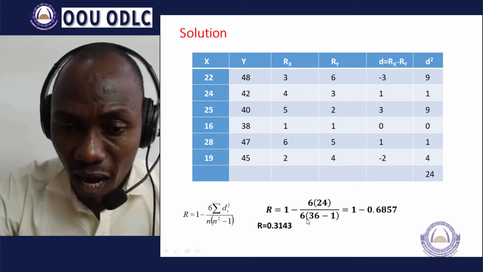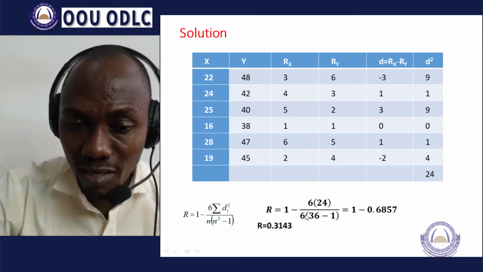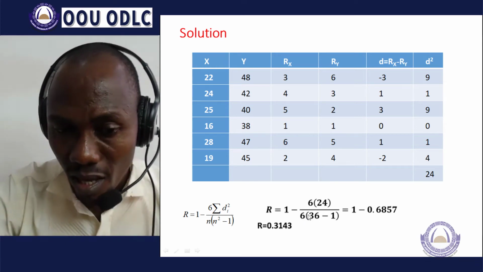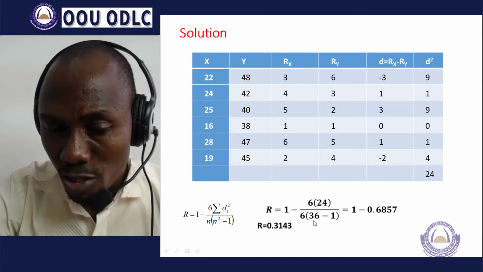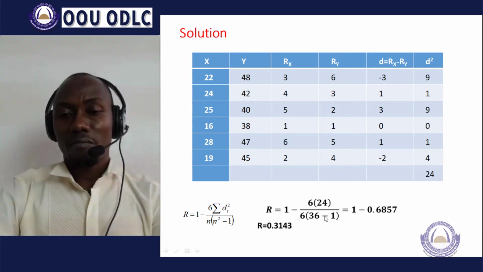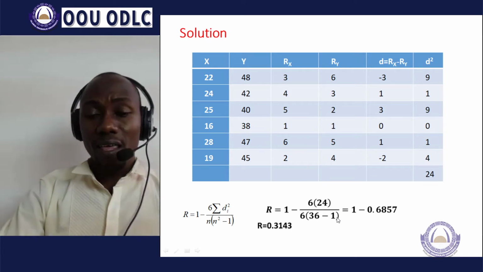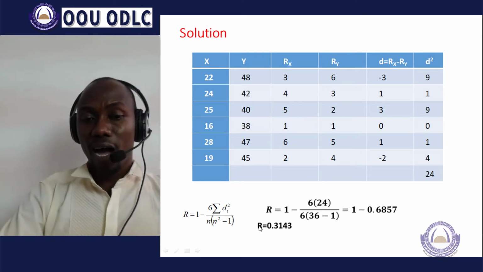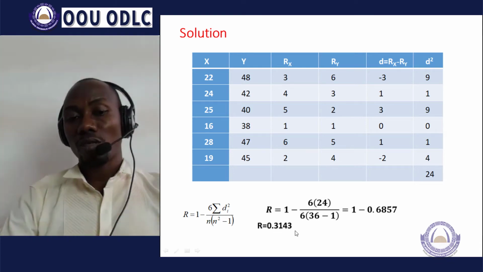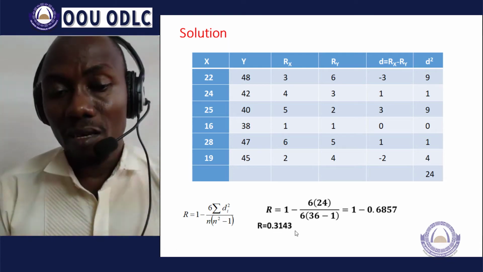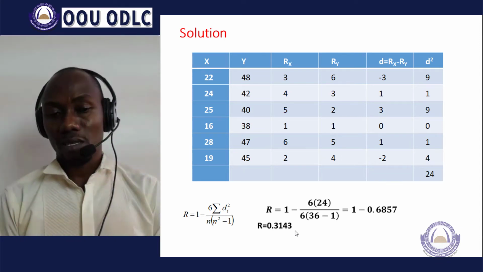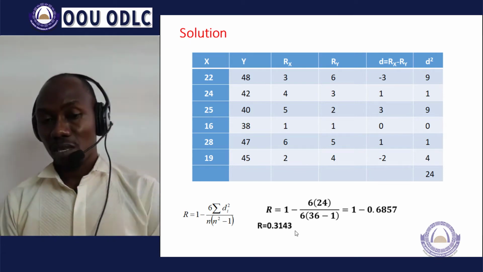And at the denominator, you have small letter n, which is 6. We have 6 observations. And here we have n squared, which is 6 squared, which equals 36, minus 1. When you simplify this further, this will give R equals 0.3143. So the value of R here is approximately 0.31 to 2 decimal places, which is 31%.